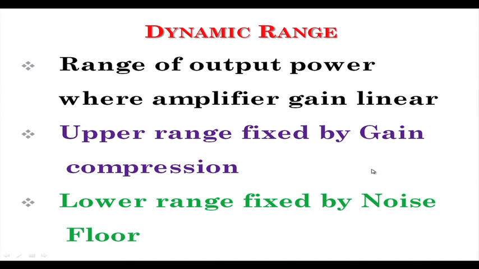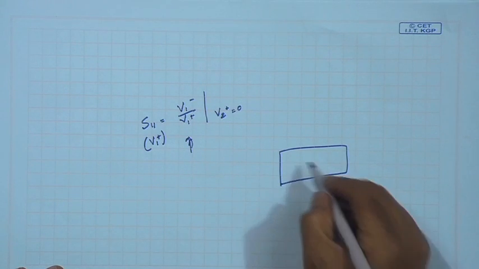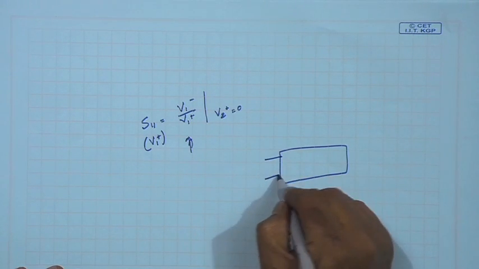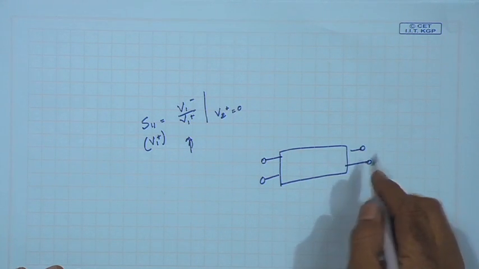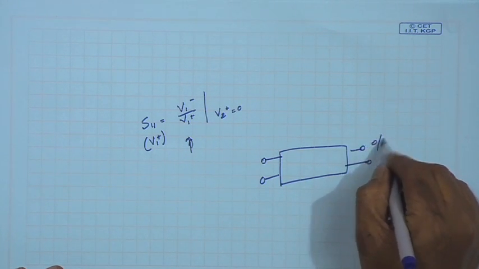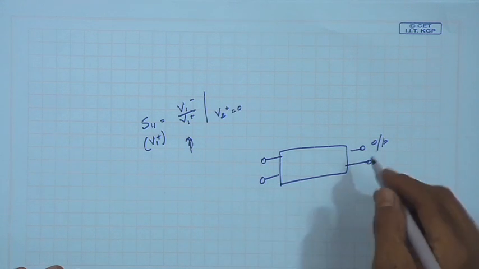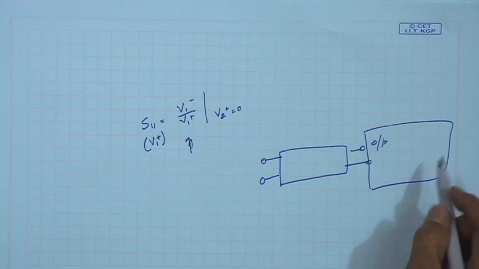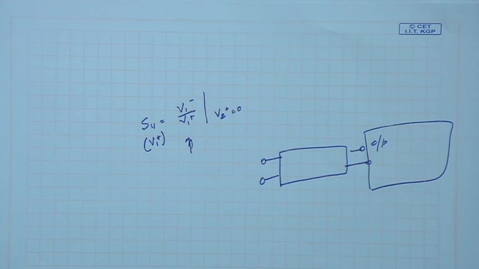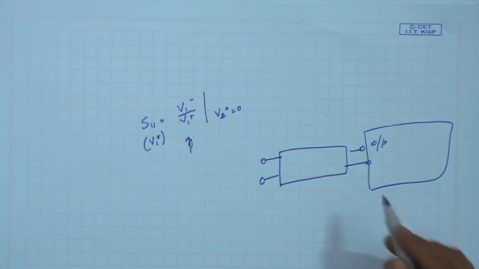Even if you do not give any input to a two port network, please look here, suppose I have a two port network and I am not giving any input here, but I have connected the output to an oscilloscope or spectrum analyzer, a measuring device.